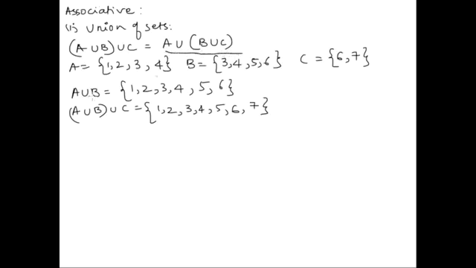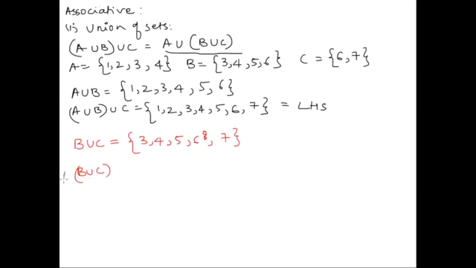Now we do the same with the right hand side, RHS. So let's just say this is LHS, which means left hand side. So for RHS, let's use another color so we don't mess this up. First, we got to do B union C. What is that? First you list out B, 3, 4, 5, 6. And then you list out C without repeating. So 6 is repeated, we leave that out. That's 7. Now let's do A union (B union C).